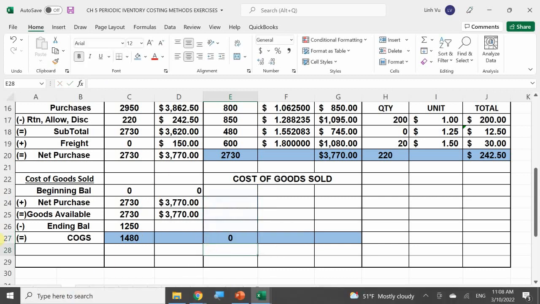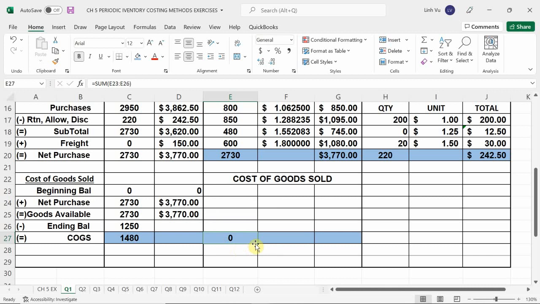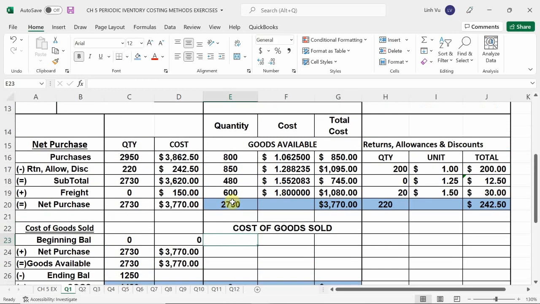Okay, so here's my running balance. So I know how many units I have sold as well as how many more I need to keep selling. My end goal is I need to sell 1,480. So starting from my first batch of inventory, look at my goods available. Which batch of inventory am I going to sell out from first?